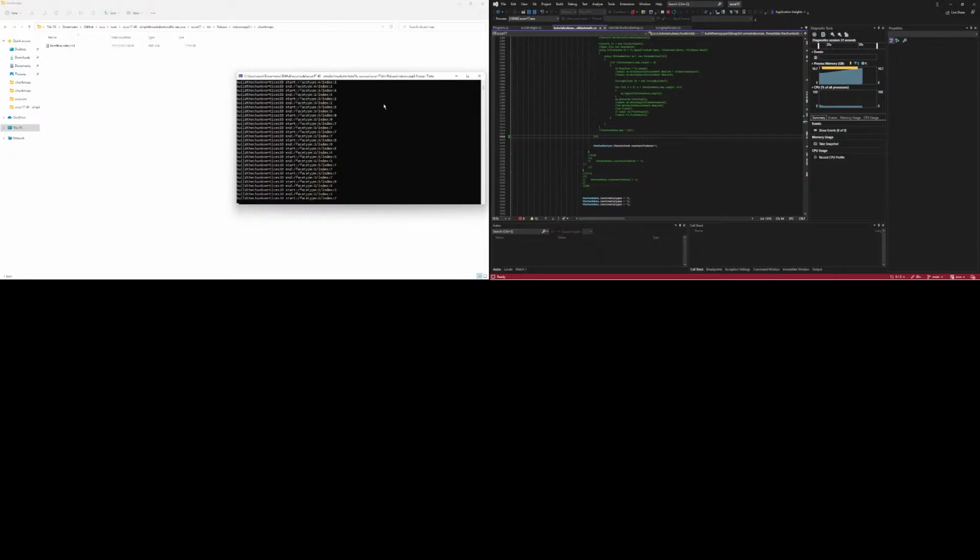Already 30 seconds and we're not done. I don't think it's going to go to the next step anyway, because the next step is going to be blocked because there are no files existing.